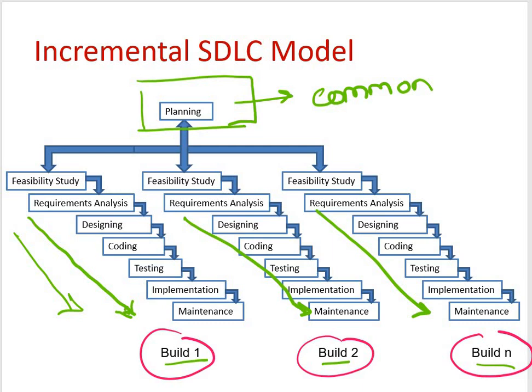Unlike the previous models, it goes through the same set of activities, which is feasibility study, requirements analysis, design, coding, testing, then implementation, maintenance, but it is done iteratively for each build. And these builds are nothing but your phases as well. You can call these builds phases as well.